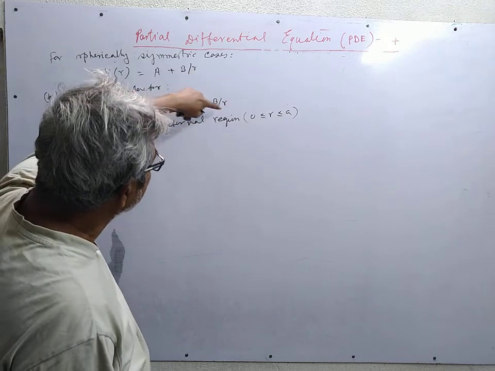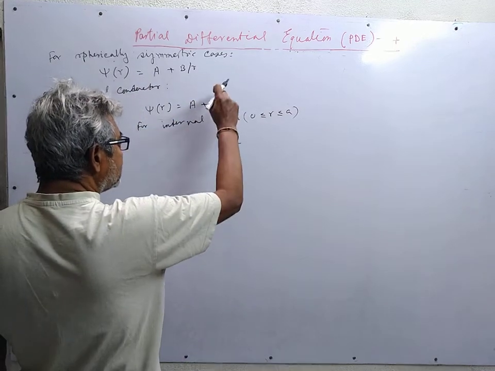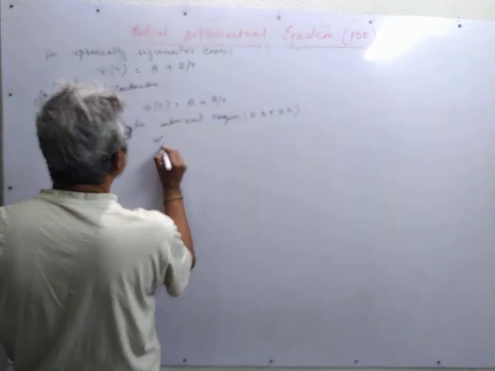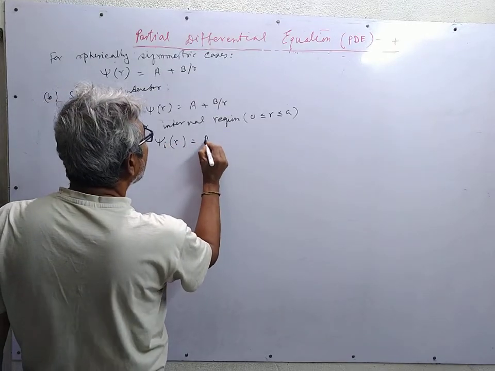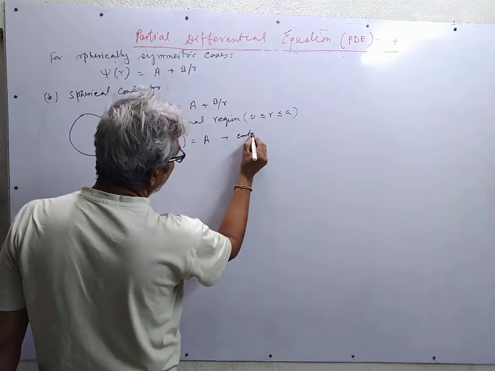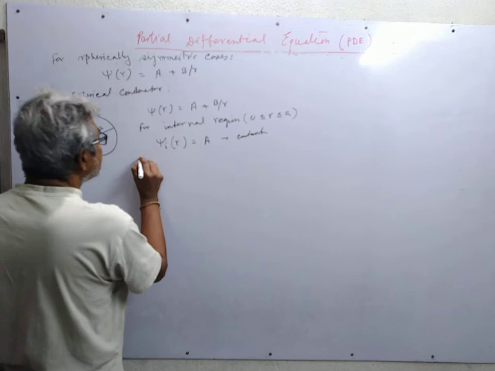So we conclude that there should be no term of this sort, that is B is equal to 0. So phi internal is equal to constant. Potential is constant.